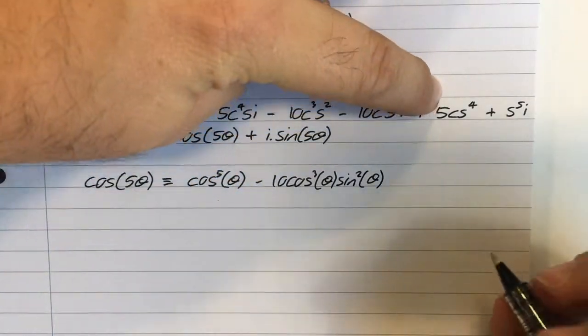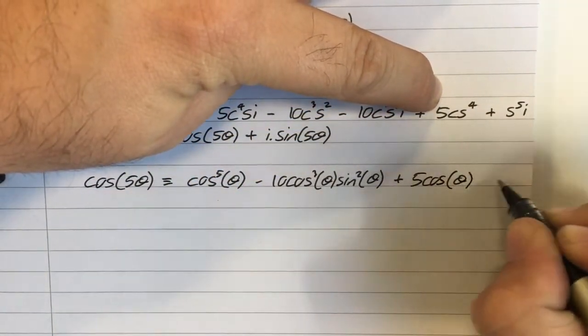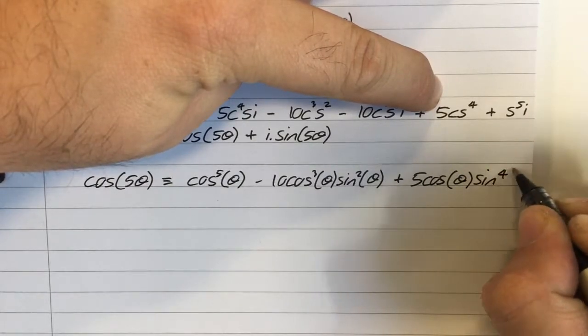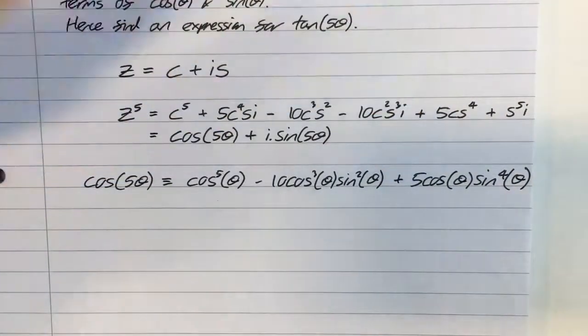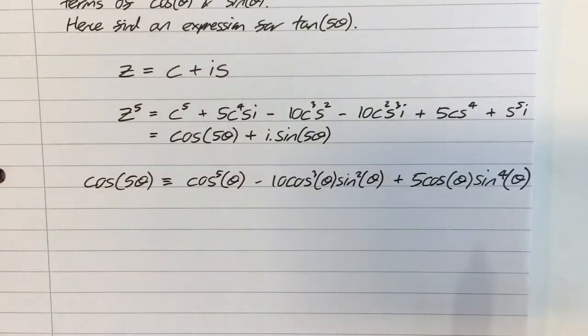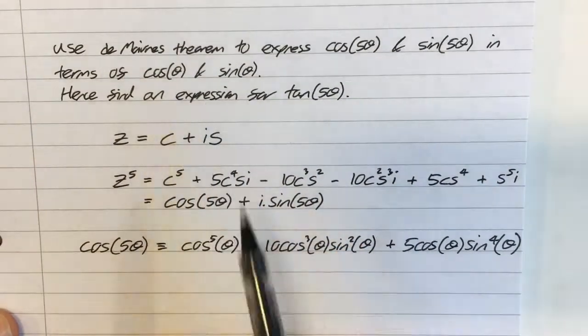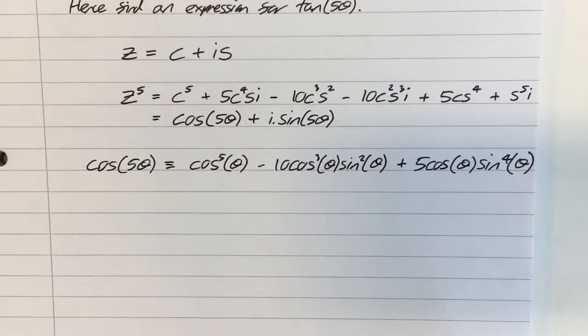That's imaginary, this one is the next real one, so plus 5 cos theta sine to the 4 theta. I'm going to leave it there and not simplify any further. We could get rid of these signs, but I'm not going to, because the question says to leave it in terms of cos and sine, so that's fine.